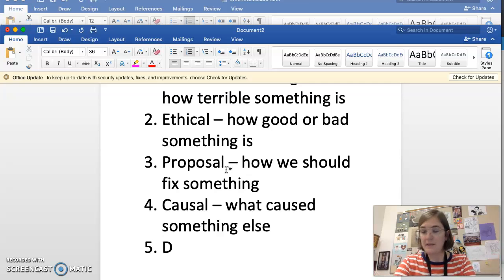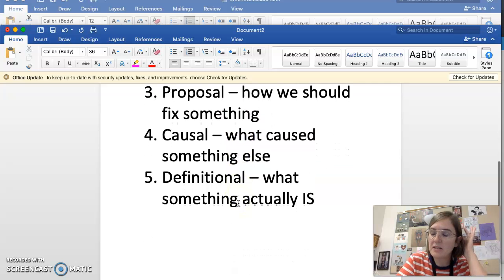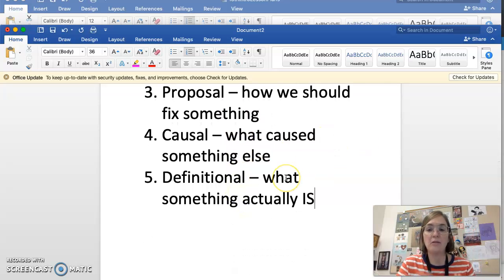The fifth type is definitional. This one is a little bit less common, but basically this is when we have a disagreement about what something actually is. When we are discussing terms that have a pretty clear dictionary definition, a denotation, then definitional arguments are less important, but this is usually about connotation.